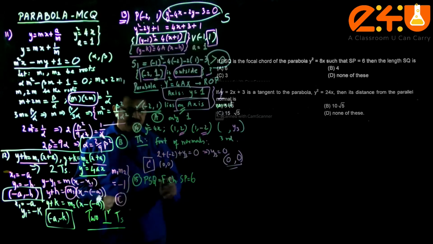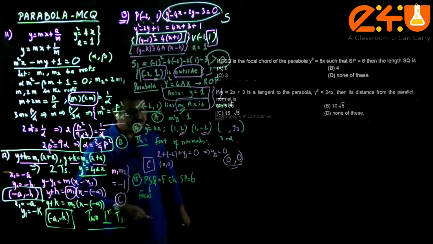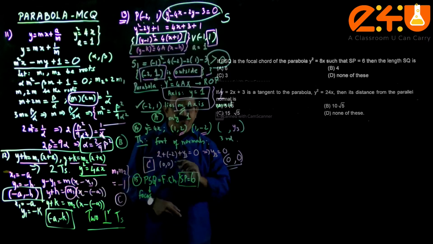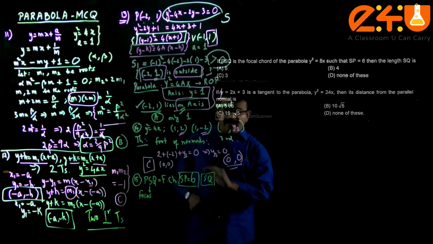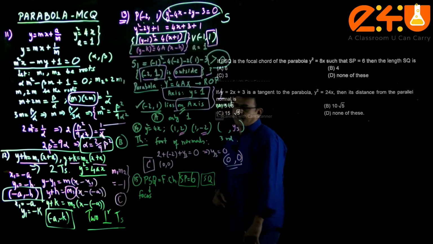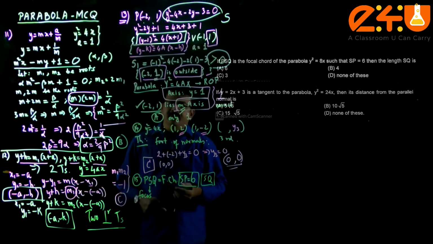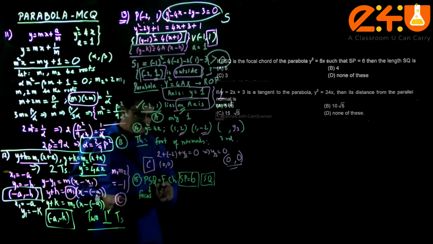What do you understand by this? S is the focus. S is the focus. SP is one of the segments and he is asking for the length of the other segment SQ.